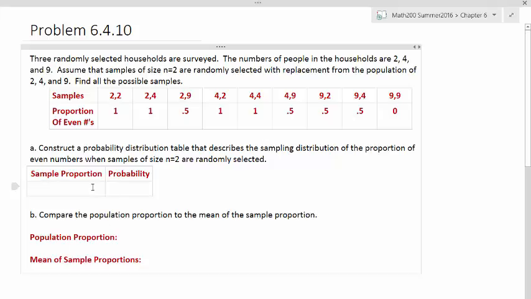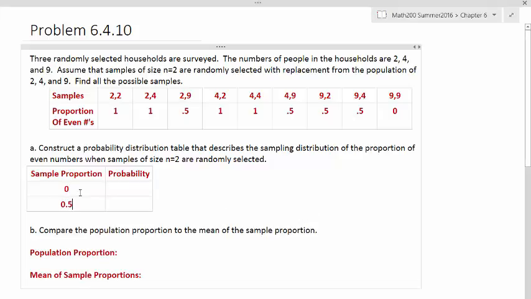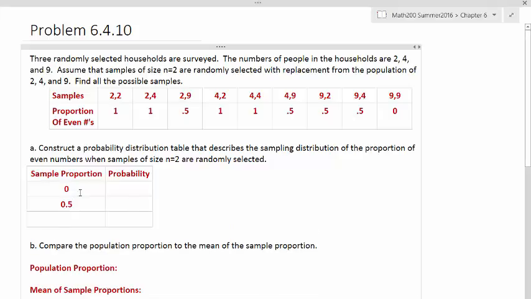Now let's go back to constructing a probability distribution table that describes a sampling distribution of the proportion of even numbers. Let's take a look at all the possibilities that we have. It could be 0, 0.5, or 100%.